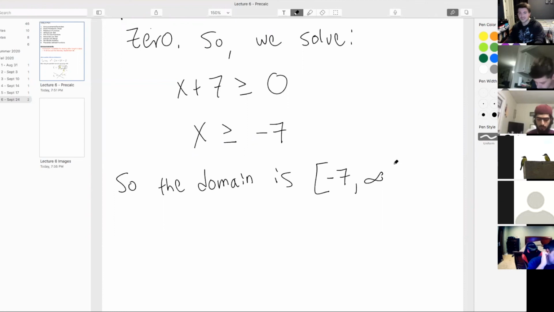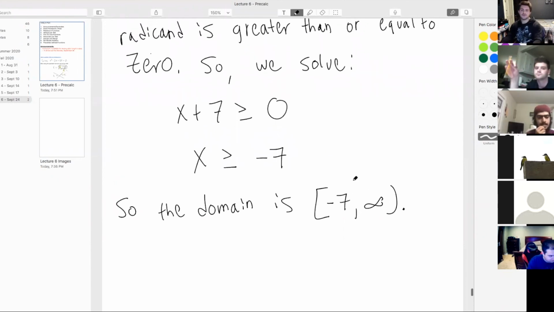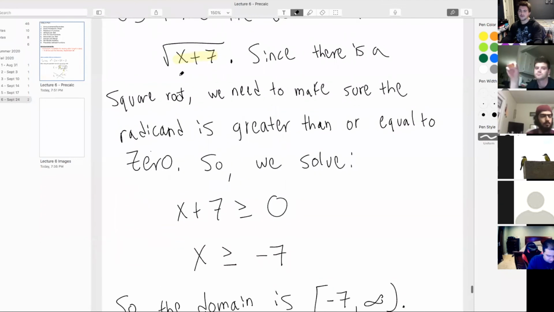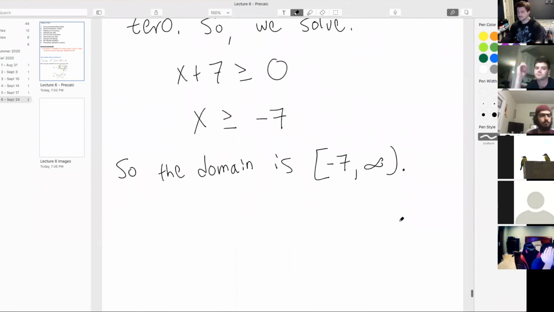So it's negative 7 to infinity. All of the numbers in this interval produce a non-negative number underneath the square root.